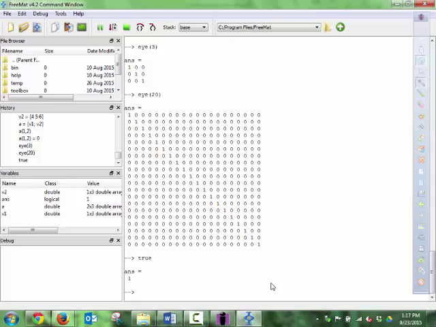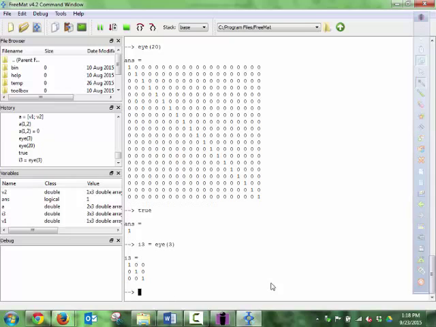Okay, well, let's see. Let's do I3 equals identity matrix, and then check if I3 equals I3.